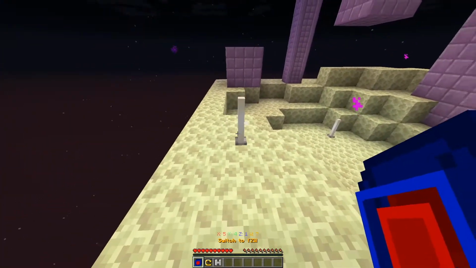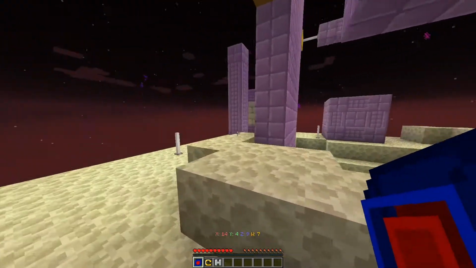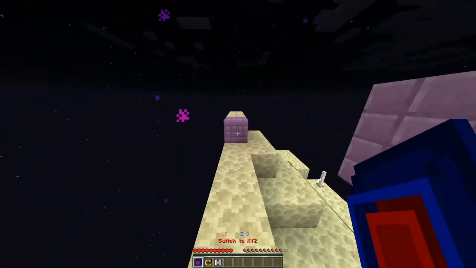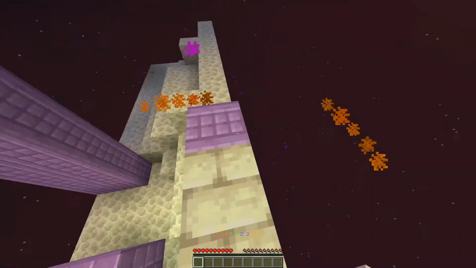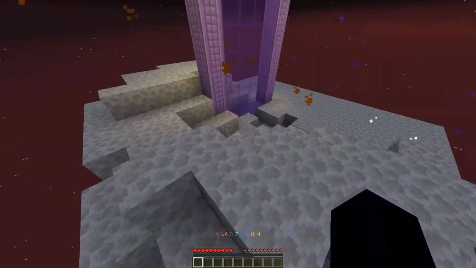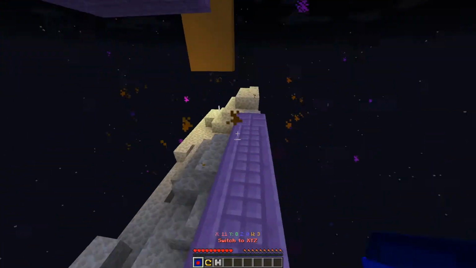I'm still a bit confused about how the size changes when I do things like this. Okay, let me go back up here. Then... I need to get back in the right spot.